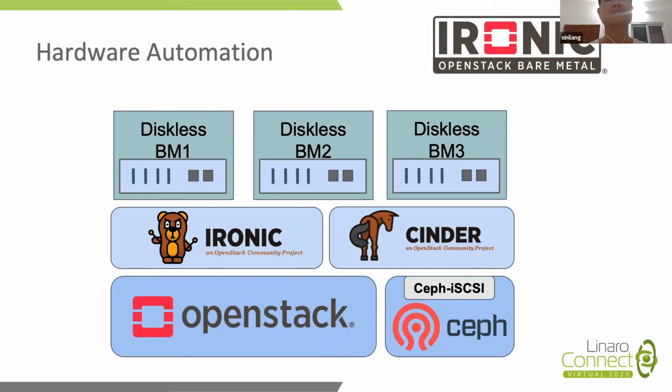This picture is the overview structure of our bare metal provisioning solution, which we are working on now. We use Ironic, the main bare metal provisioning project, and Cinder with Ceph to provide the remote iSCSI volumes for the bare metal machines.